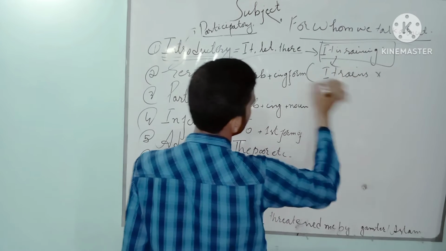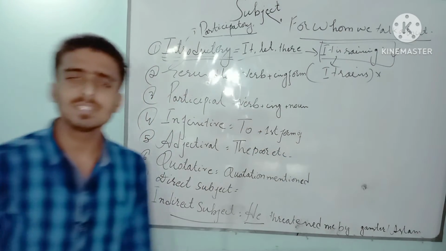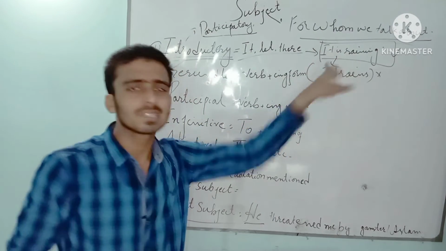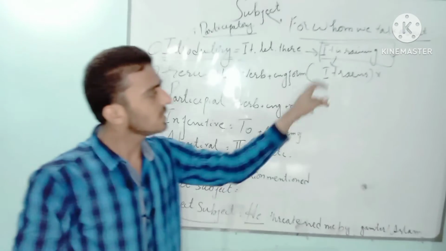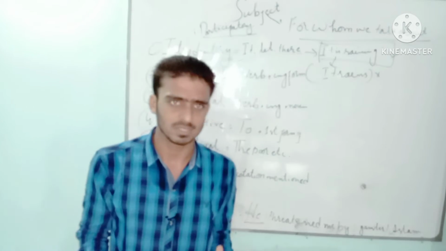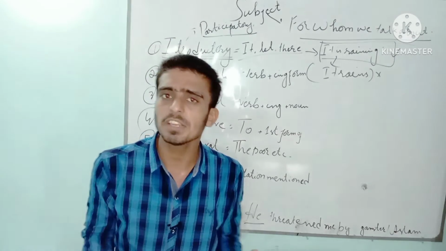So when we consider these two sentences, it is raining and it rains, what is the difference between them? The second one is present simple and the first one is present continuous tense. We cannot say it rains here because the rain is a continuous action. We do not have any prediction from Almighty Allah about when it will end.